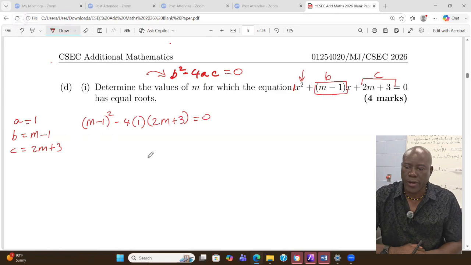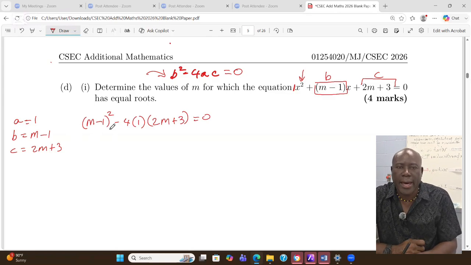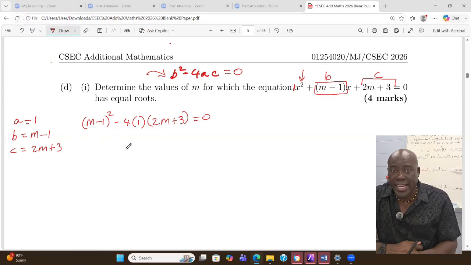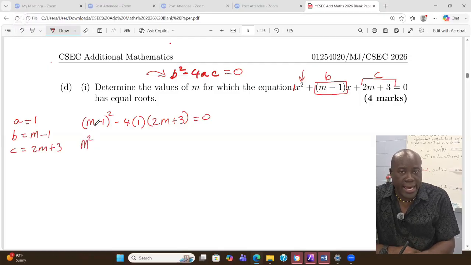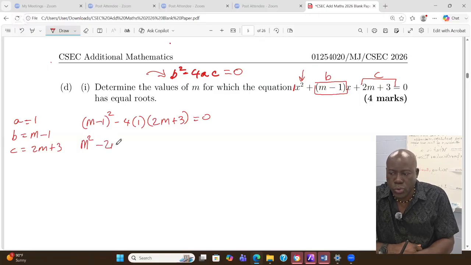When you square m minus 1, that's a binomial. The first term m is squared, so this becomes m squared. We multiply m times negative 1 and double that, giving negative 2m. And lastly, negative 1 squared is positive 1.